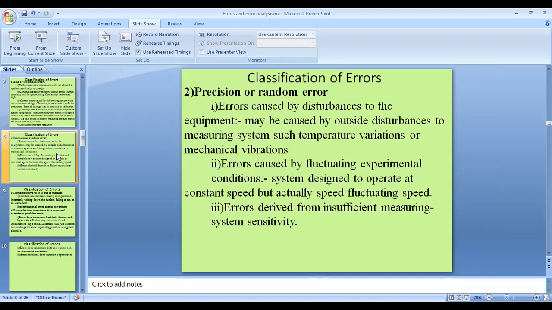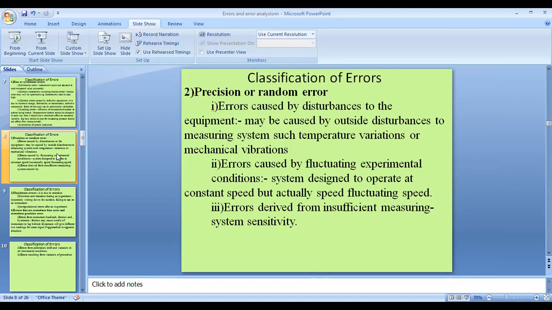So these are the reasons for random error. The value is not fixed. It is sometimes positive, sometimes negative, and its range or value is also fluctuating.